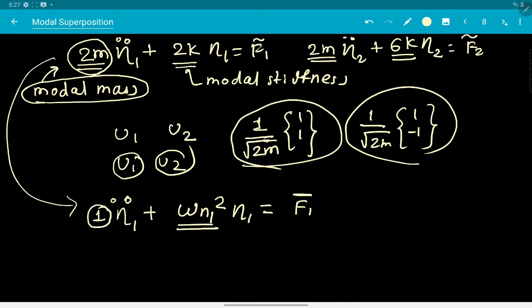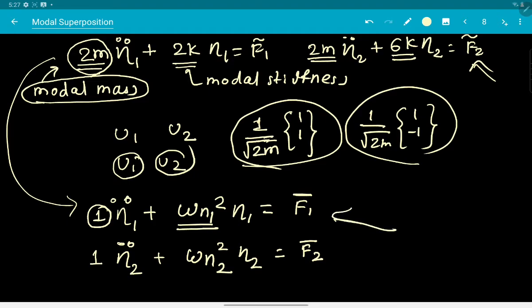And here again it will be 1 eta 2 double dot, and here you get omega n2 square eta 2 equal to f2 bar. So either you can write it in this fashion or in this fashion. You can ideally pick any kind of mode shape, but we typically go for mode shapes which give us unit modal mass.